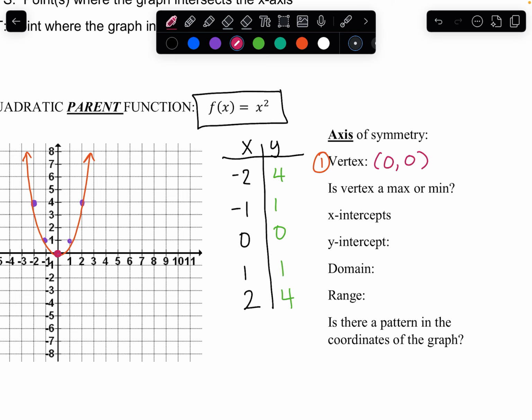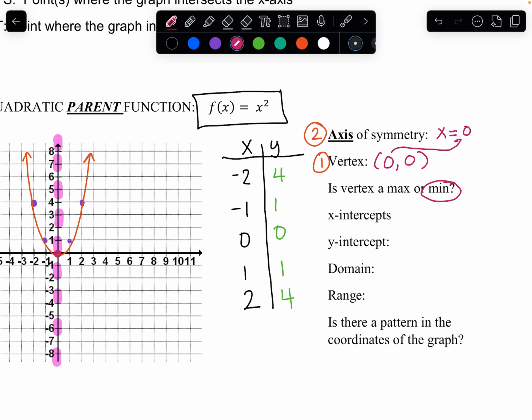In this case, our vertex is the origin, and it's going to be a minimum because it's our lowest point. From there, our axis of symmetry we can find because it will always go through our vertex. That's why I like to find it first.